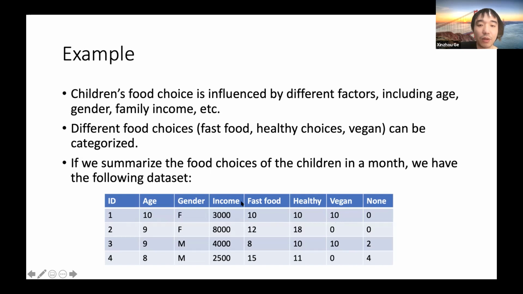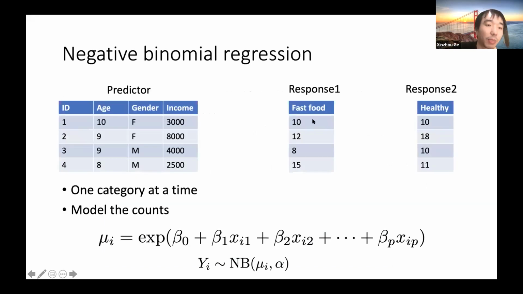If we want to study the relationship between these factors and the food choices, we have 2 ways to do this. The first way is to use the negative binomial regression. For negative binomial regression, we look at 1 category at a time.